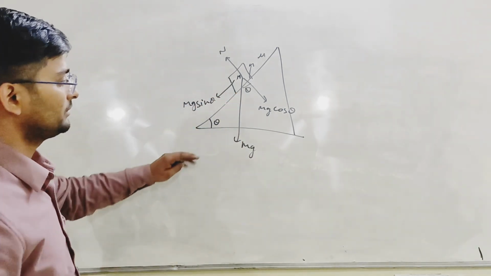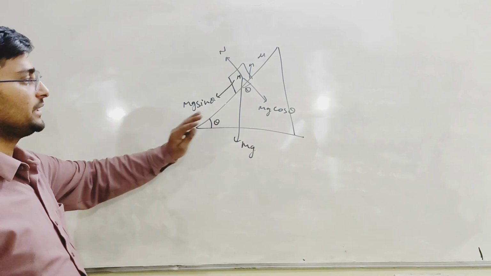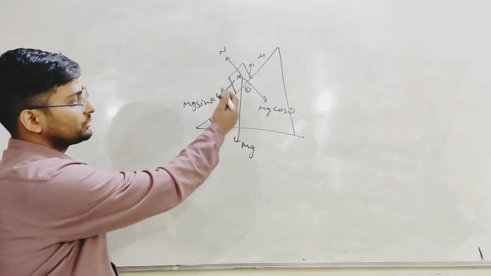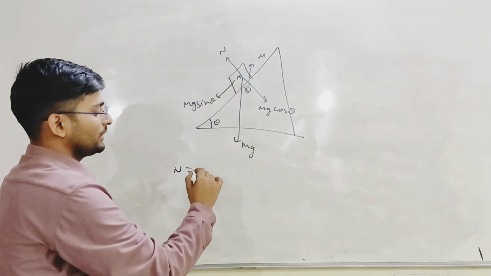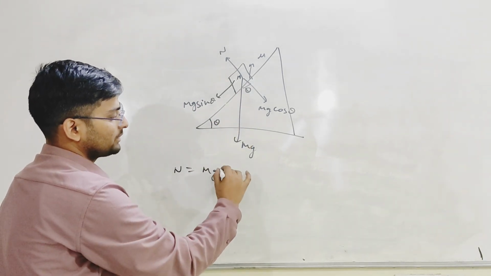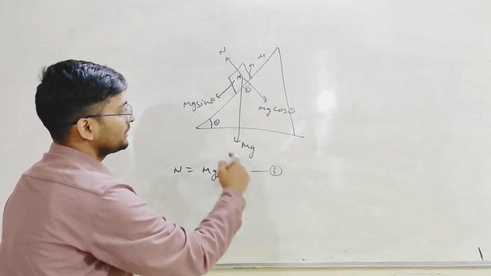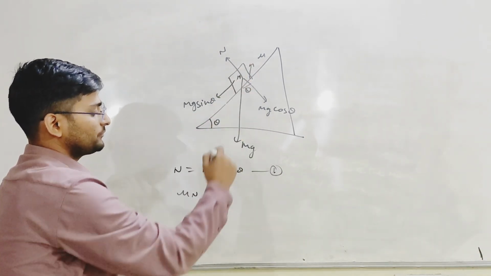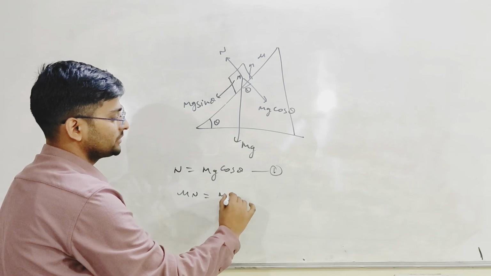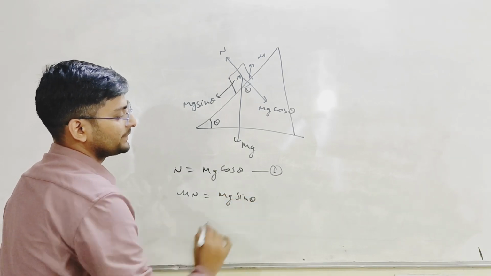Now, when we calculate all the forces, what comes out? Along the y-axis component, N is equal to mg cos theta. This is the first equation. And the friction force mu N is equal to mg sin theta.